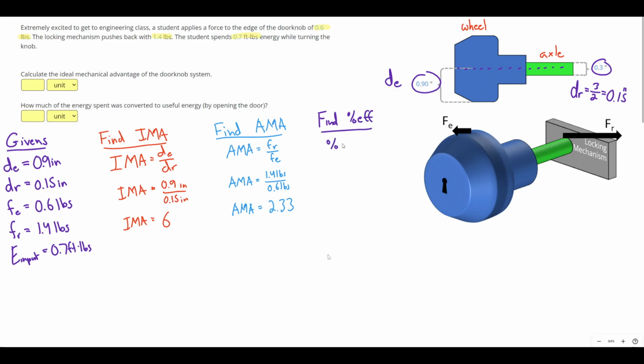So remember, the equation here is percent efficiency equals 100 times AMA over IMA. So that's 2.33 over 6.